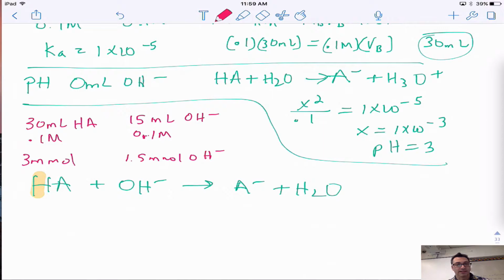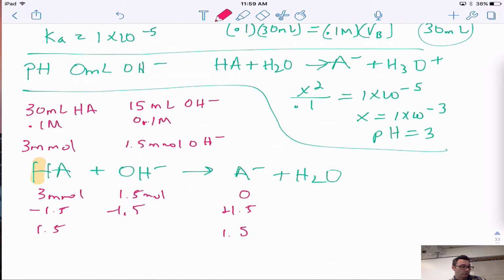And this is like the problem I did in the last video. 3 millimoles, 1.5 millimoles, and 0, minus 1.5, minus 1.5, because the OH is limiting, plus 1.5, and in the end I have 1.5 of HA, and I have 1.5 of A minus.